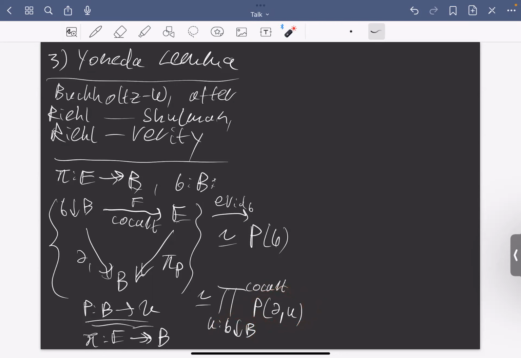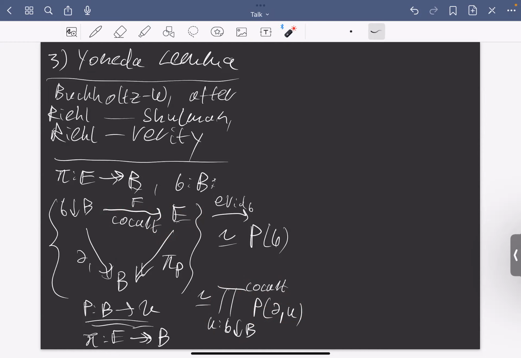Since this actually happens to be a discrete fibration, all the arrows here are co-Cartesian. So the condition is to map any arrow to a co-Cartesian arrow right here, which means that, seen as a section over the pulled back family, the section has to be co-Cartesian.